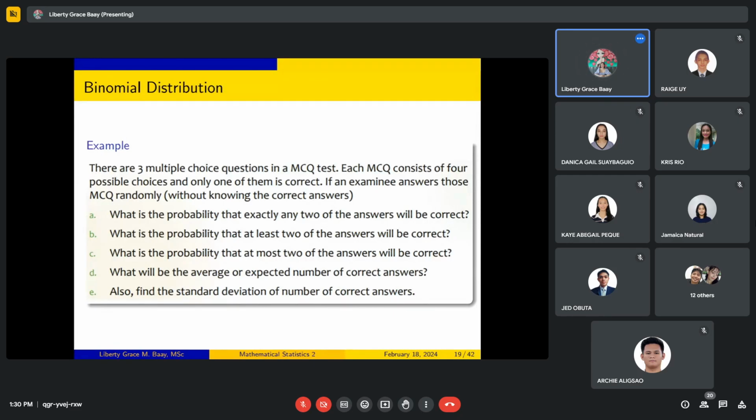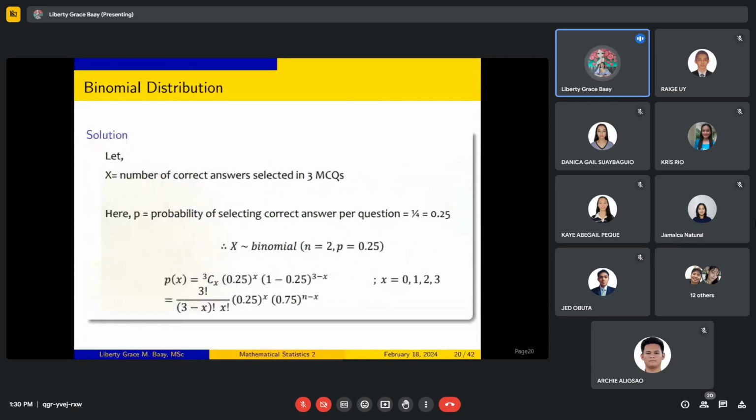Okay, so we need to determine the givens. Let X be the number of correct answers selected in 3 multiple choice questions.